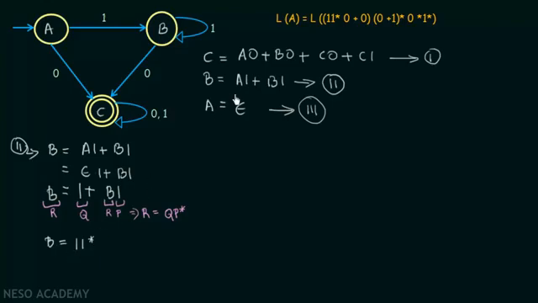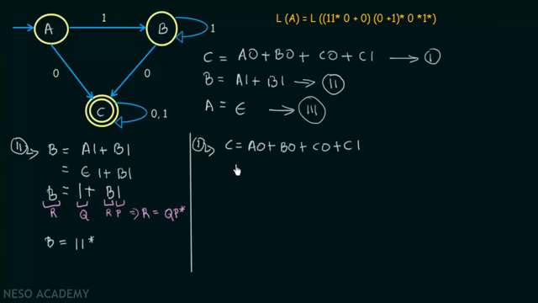Alright, so A is equal to epsilon, B is equal to 1 1 star. Now we can replace this in equation number 1 to get the value of C. So let me write down equation number 1 here. Equation 1 was C equal to A0 plus B0 plus C0 plus C1.